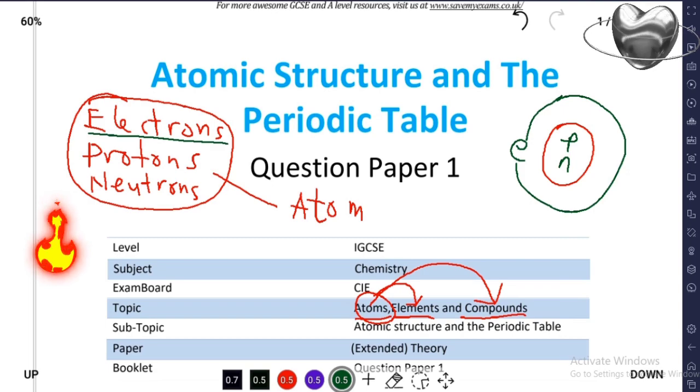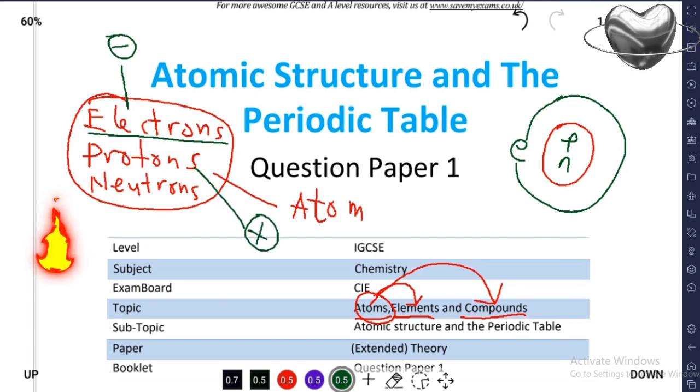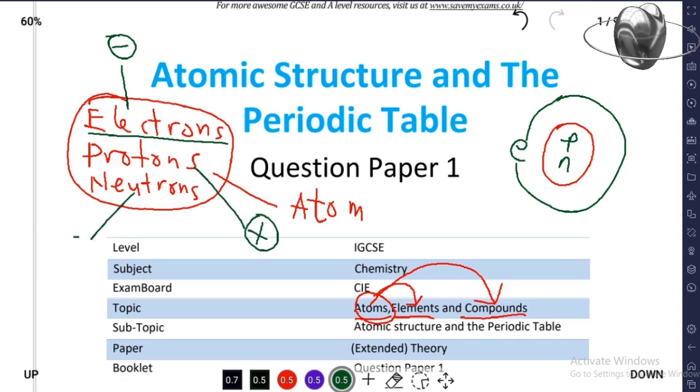Another reminder will be on the charges of the subatomic particles. You will find that electrons are negatively charged, protons are positively charged, neutrons have no charge, the charge is 0. Therefore, since the charge of neutrons is 0 and the charge of protons is positive, we are going to say the charge of the nucleus is positive.